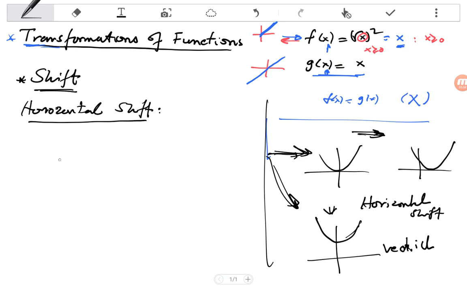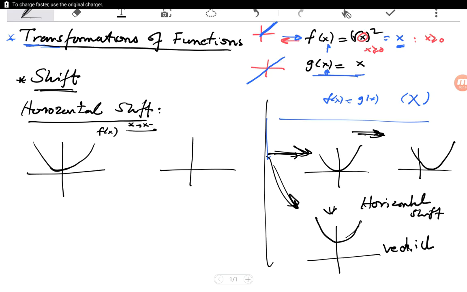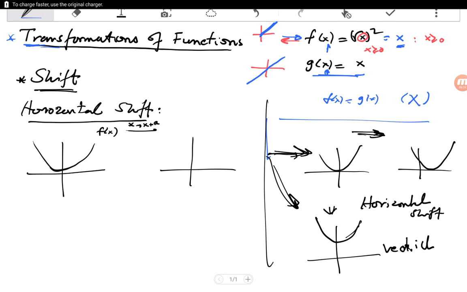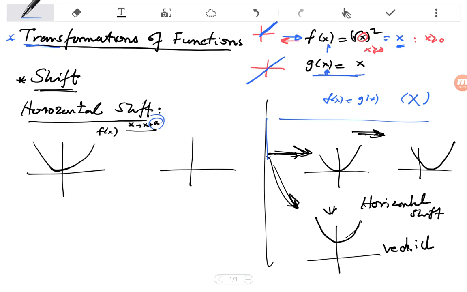The rule says that if I have a function, some function like this, which is called f of x, then if I replace every x with x plus some number, it makes a shift in the opposite direction of that number, with a distance which is just equal to a.